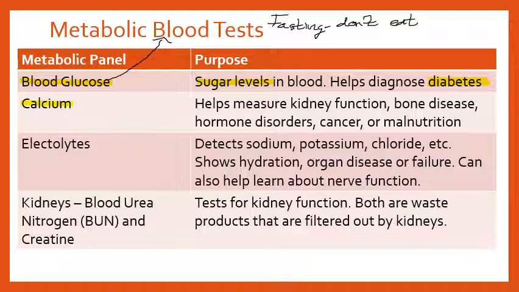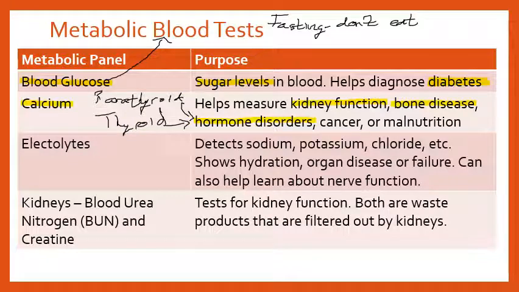The amount of calcium helps them look at how well your kidneys are working, and how well your bones are uptaking and breaking down bone. Another major indicator is hormone disorders. I don't know if you remember, the thyroid had a major role. The thyroid and the parathyroid have major roles in calcium absorption into the bones.